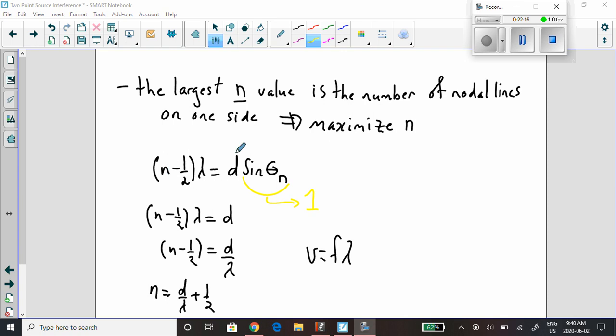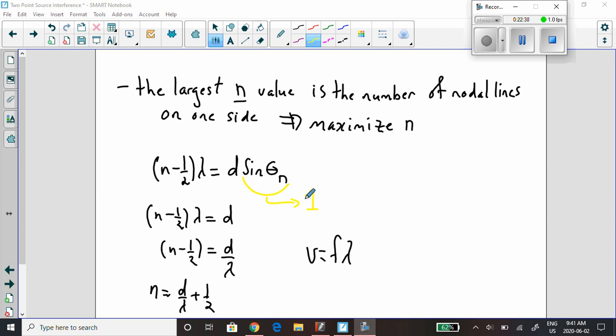Well, d is the distance between the sources. Lambda is the wavelength of the two sources that are producing the interference pattern. The only thing we can change is theta. The only thing we can maximize, make as big as possible, is sine theta. Well, the biggest that sine theta ever gets is 1.